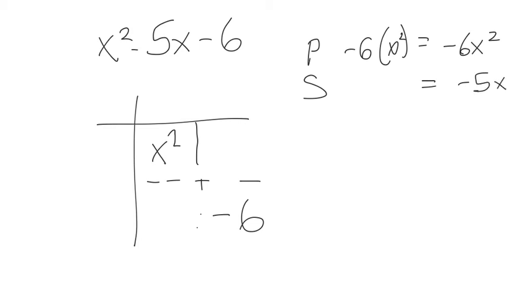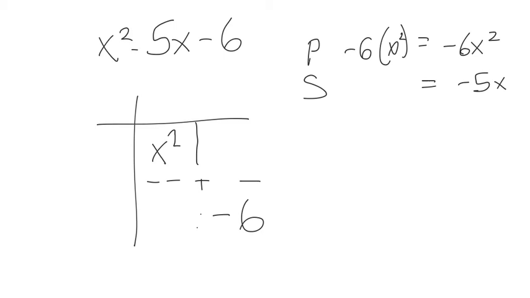So I have to think now, what two numbers multiply to give me negative 6 but add to give me negative 5? Okay, so this is where a multiplication table might help you if you're struggling a little bit with this. So what numbers might multiply to give me negative 6?